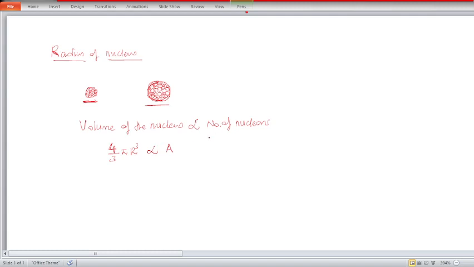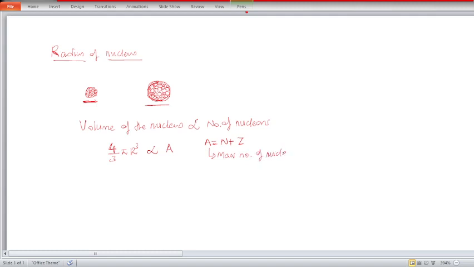What is A? A is the total number of nucleons, and that is equal to the number of neutrons plus the number of protons. We denote the number of protons with Z. So the total number of nucleons equals the number of neutrons plus the number of protons, and that is equal to the mass number of the nucleus.